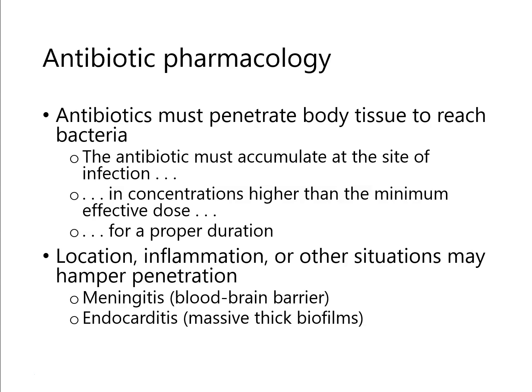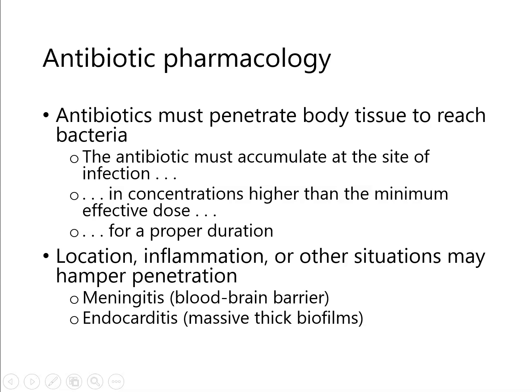So if you happen to work in an emergency room and you know you'll see some cases of bacterial meningitis, you have to know which antibiotics will cross the blood-brain barrier. In other cases, things happen like in bacterial endocarditis when heart valves have infections.